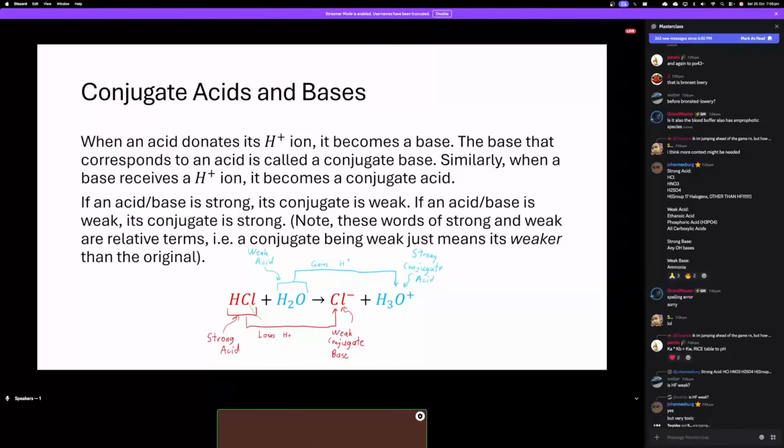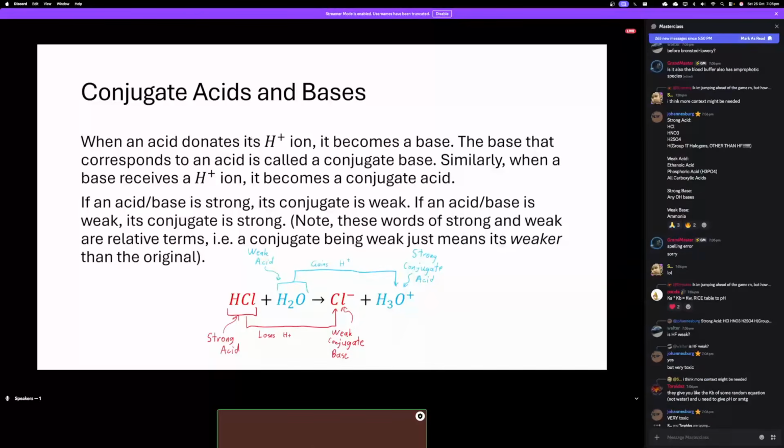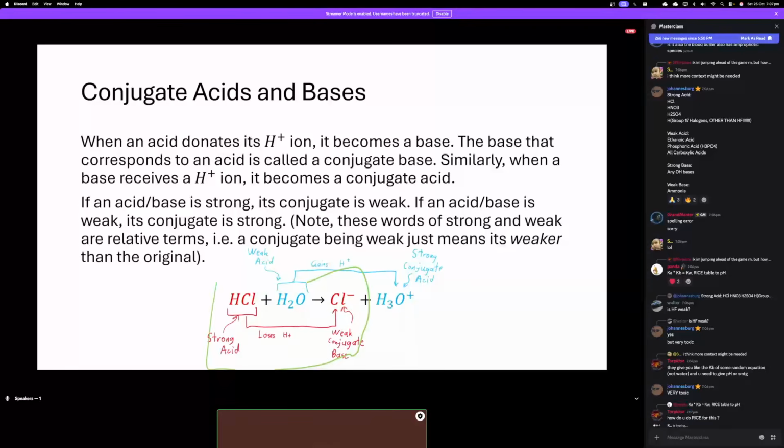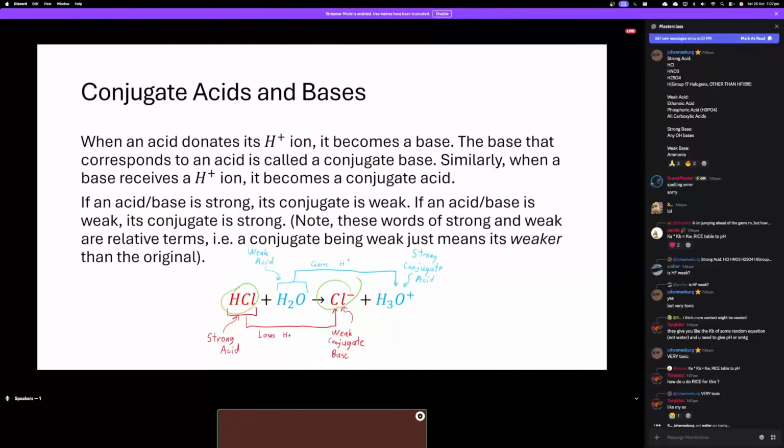It acts as an acid and it will lose a H plus and form Cl minus, right? These are conjugate acids and bases. They differ by one H plus. So this is HCl, this is Cl minus. They differ by a H plus, and they are pairs in a sense.